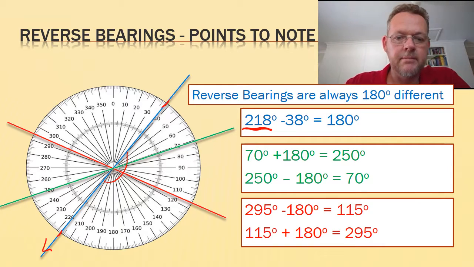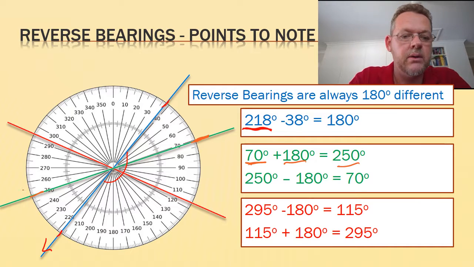Let's look at the green one. Here's our green one. It's at 70 degrees. So if I add 180 to 70, I should get 250. So 70 plus 180 is 250, and we notice that the reverse of 70 is 250. Now let's just try one final one.